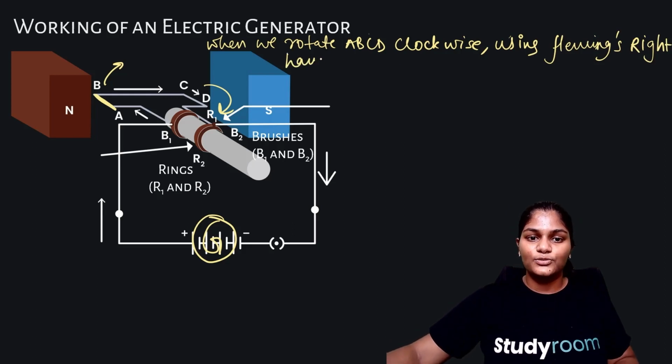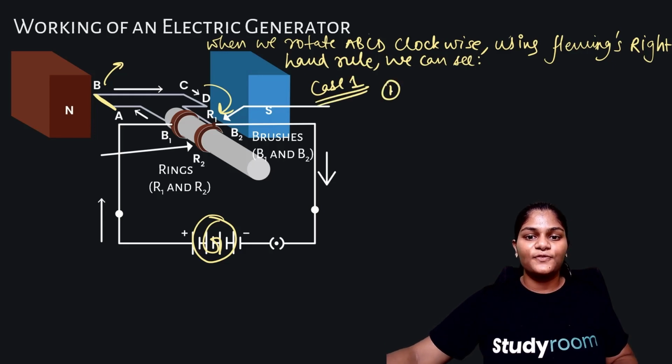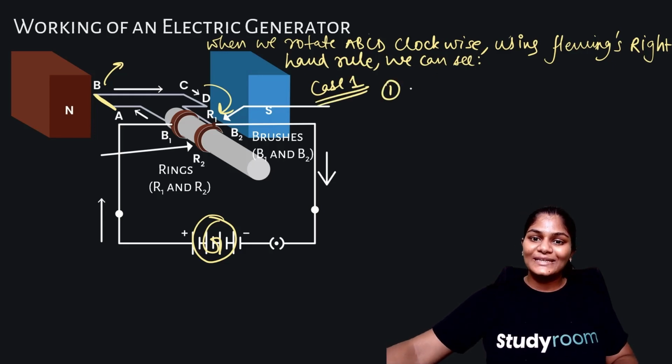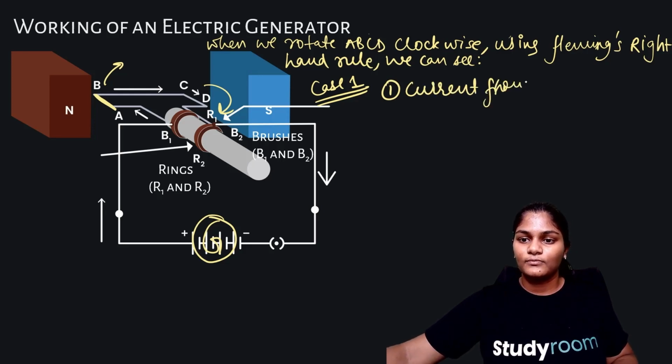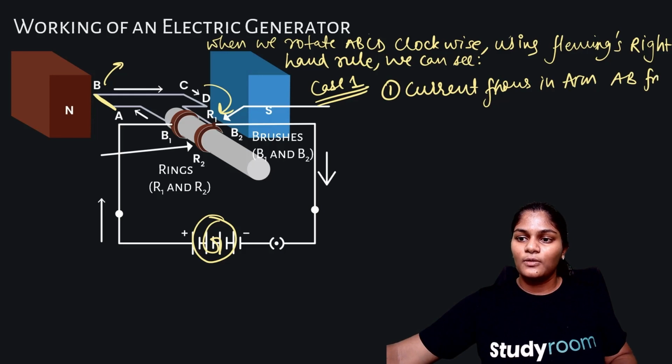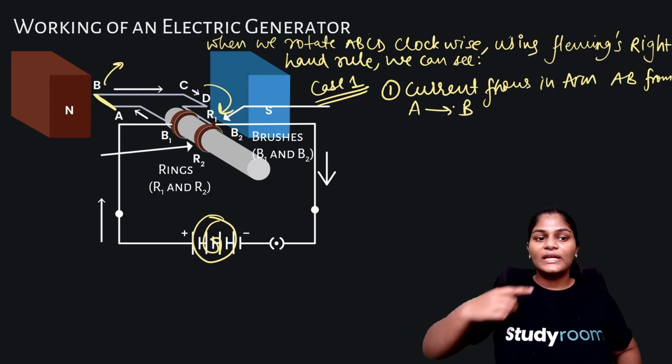Right hand rule, we can see case 1. What's the first thing that happens? We see that current flows in arm AB from A to B. This is the direction of current.